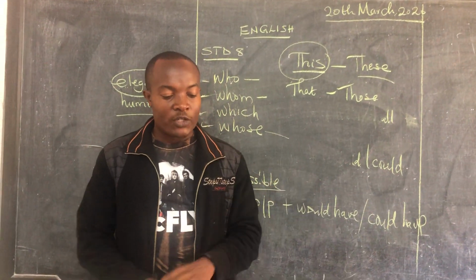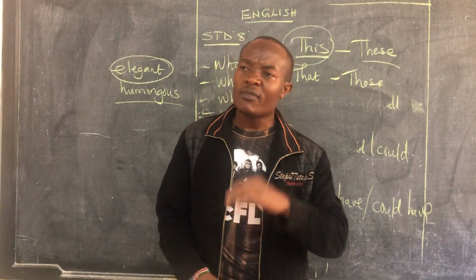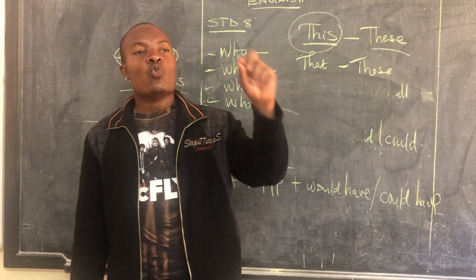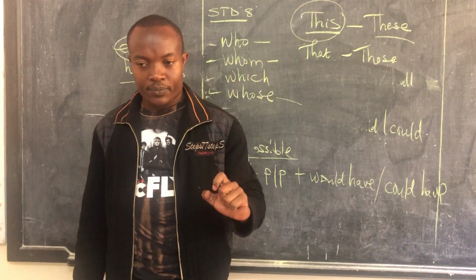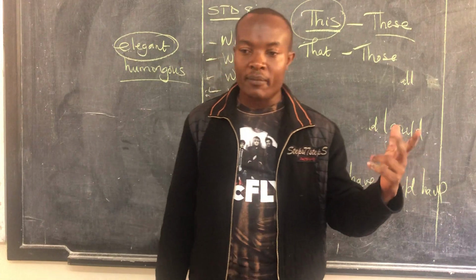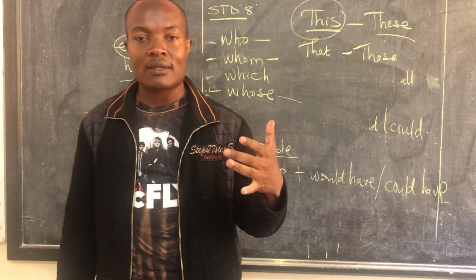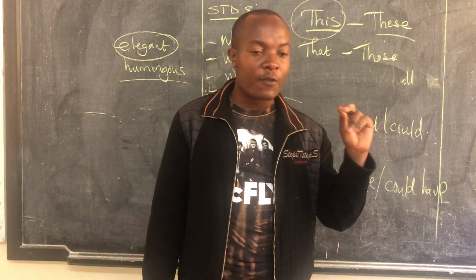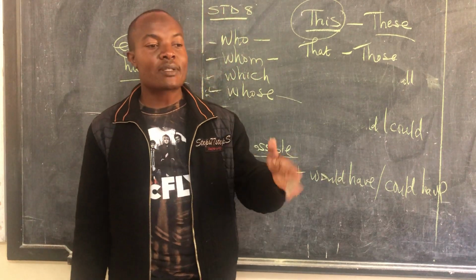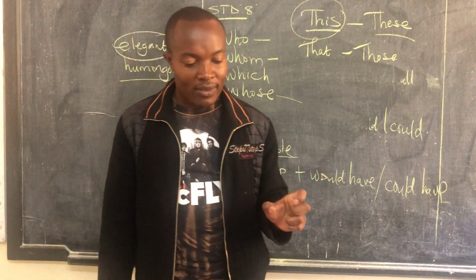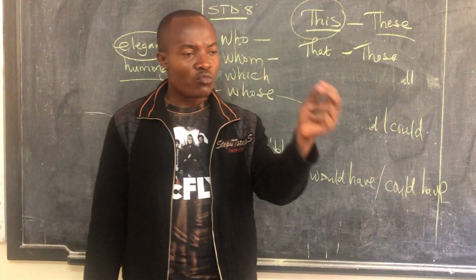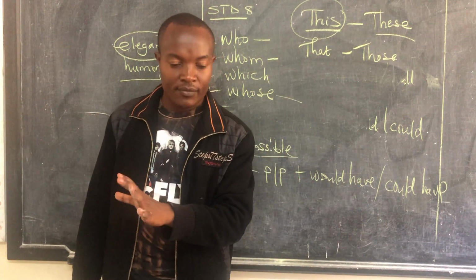Now let's dig deep into it. Every month means without exception. January, February, March, April, May, June, July, August, all the way to December. That's every month. There is no exception. You don't skip a month. But each month refers to one out of many.